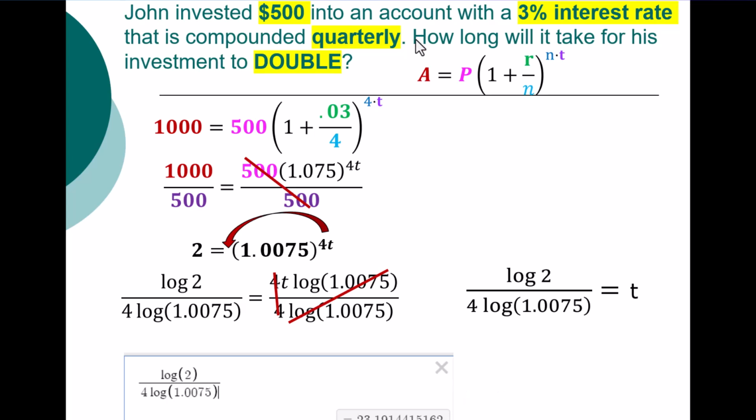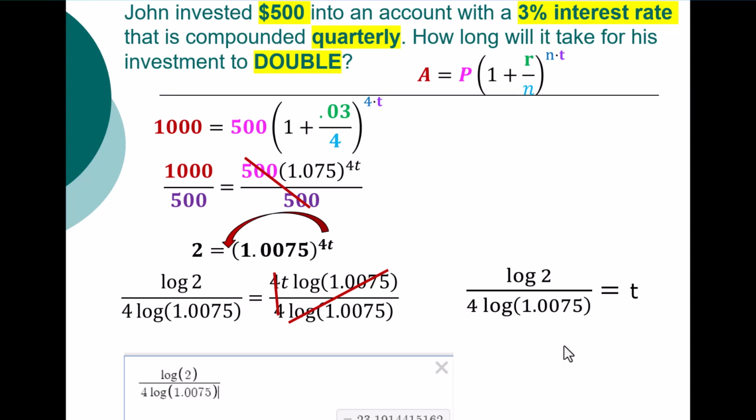So let's see if we've answered the question. How long will it take for his investment to double? This is going to be approximately 23 years if I'm rounding it off to the nearest year. If I'm rounding it to the nearest hundredth, it's approximately 23.19 years.